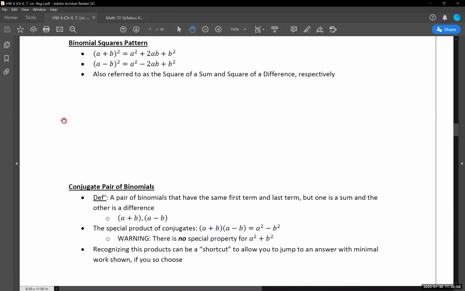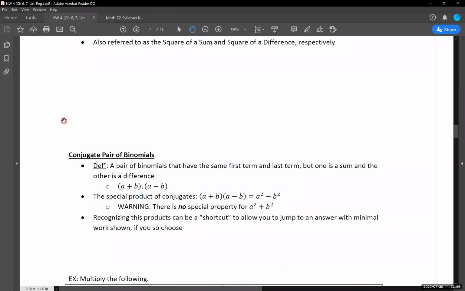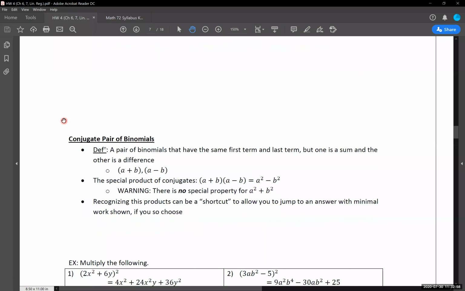Now the other one that we have, and this one is absolutely worth memorizing because it is very distinct and very quick and easy on the answers, is a conjugate pair of binomials if we are multiplying those together. Our definition of this: it's a pair of binomials that have the same first term and last term, but one is a sum and the other is a difference.